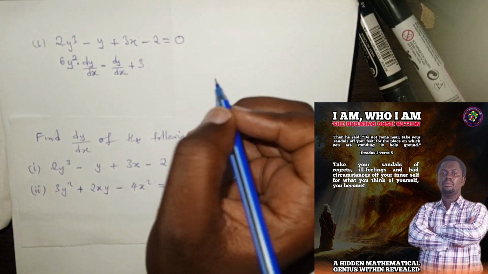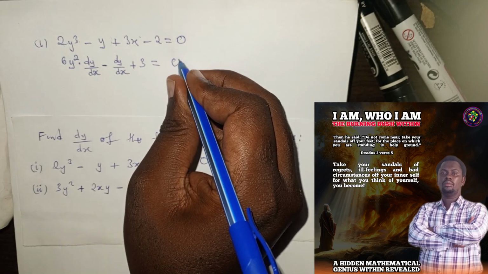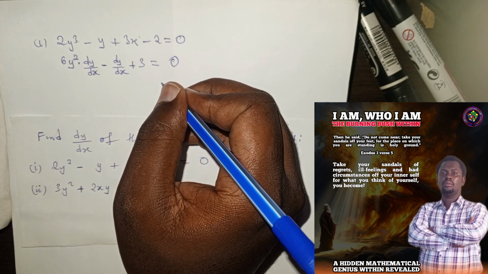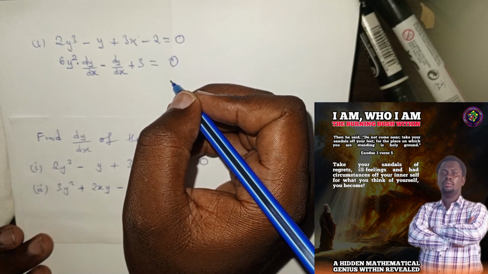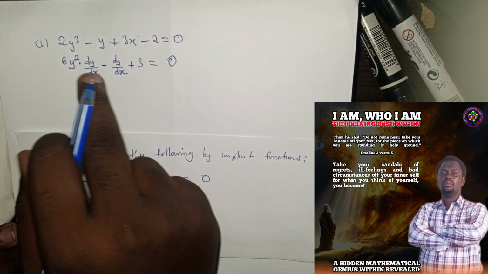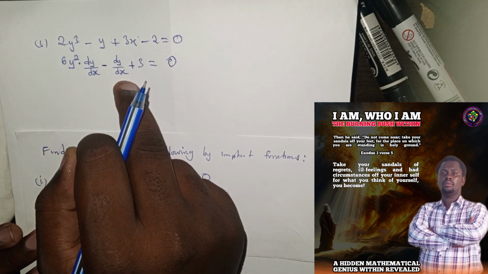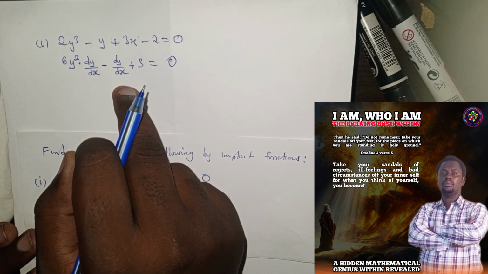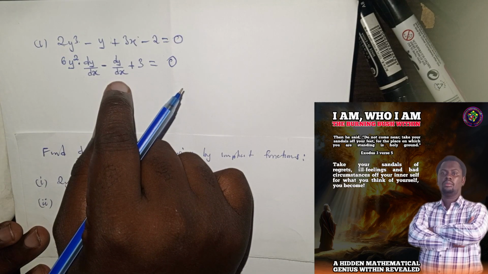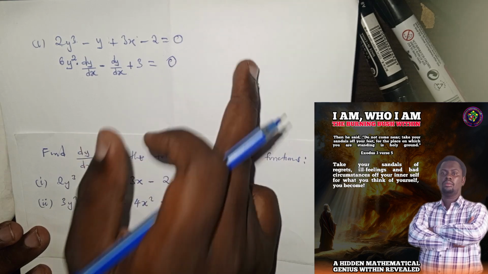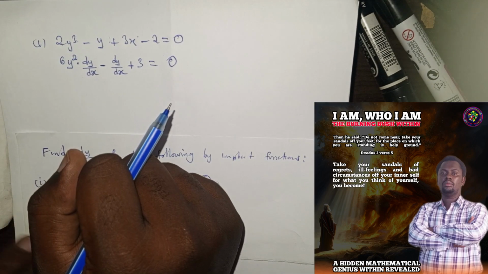Then the derivative of a constant is always 0. So this is equal to 0. Okay. So we are solving for dy/dx. We need to make dy/dx the subject of the formula. Every term which has no dy/dx, we are going to take it to the right hand side of the equation.